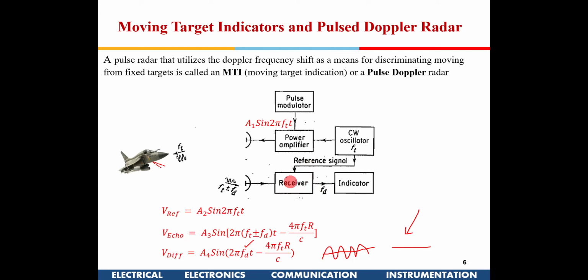The receiver will have a mixer and a band pass filter. The band pass filter will remove the DC component and also the high frequency components, because when you mix these two, you also get a 2FT component, which you don't want.